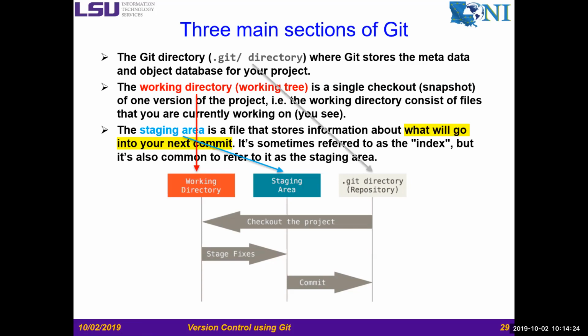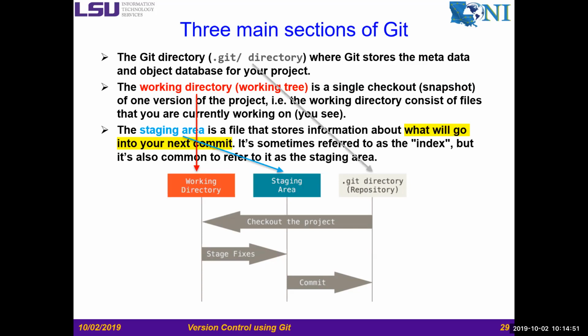You have all the directories and all the files. Everything you are currently editing is your working directory, everything under that folder. All the files you see, all the files you're working on, is your working directory.